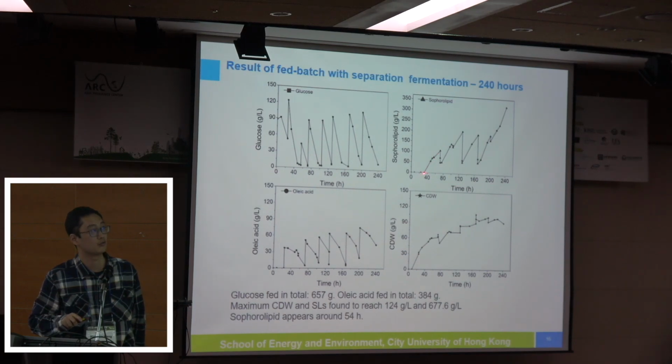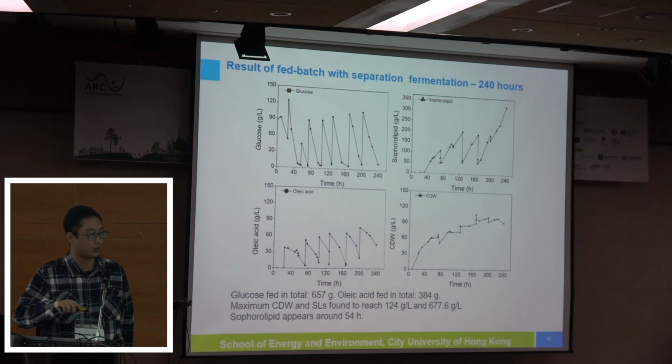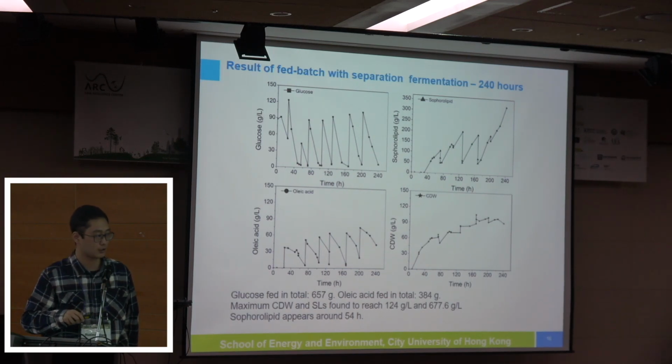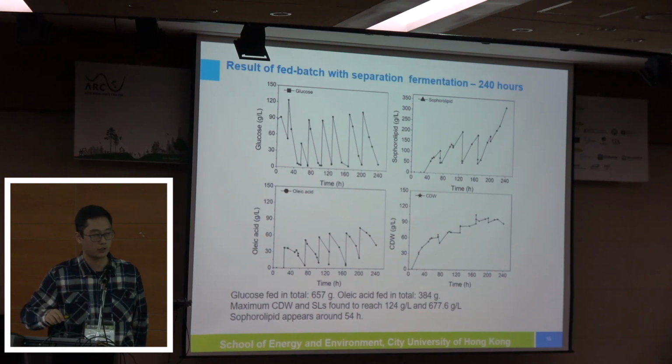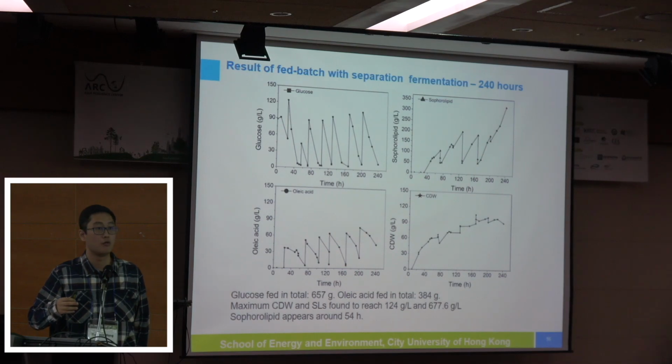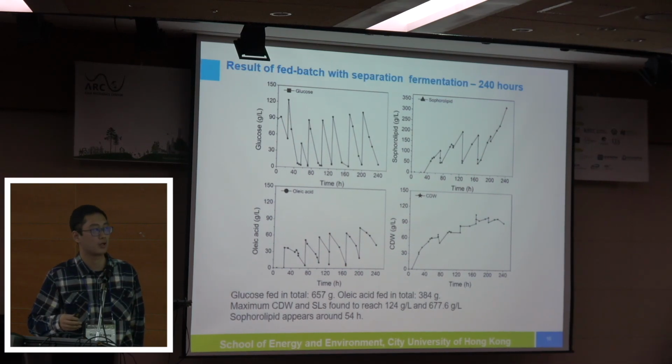You can see the sophorolipid concentration inside the fermentation increases, and after separation it decreases. With this strategy, the maximum CDW further increased to 124 grams per liter, and the sophorolipid production had a very big increase to 677 grams per liter, which means this kind of strategy is very suitable for sophorolipid production using these microbes.